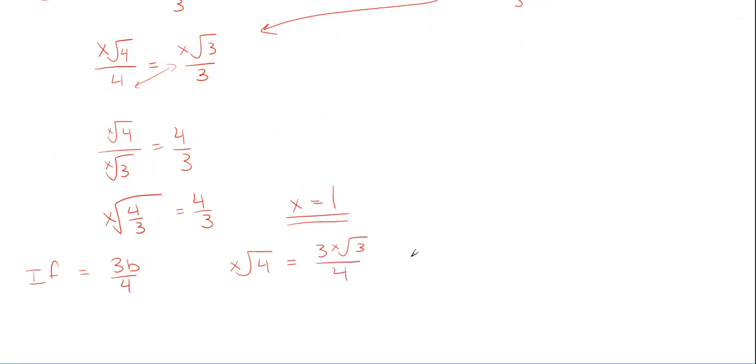So we can just do some rearranging here once again. We would end up with basically the same type of situation, with the same algebra that we did before. We would end up with the xth root of 4 over the xth root of 3 is equal to 3/4 now. And once again, we can translate this into the xth root of 4/3 is equal to 3/4.